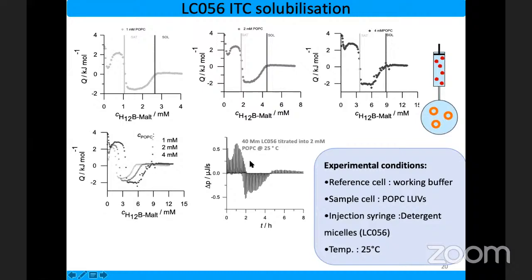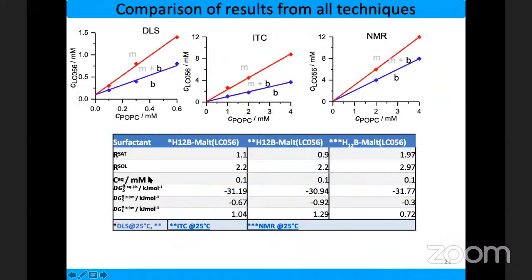This is a typical thermogram of what we see, and what we observed in the DLS experiment is observed here too: as the concentration of the POPC artificial membrane increases, the width broadens. This is at 4 millimolar, 2 and 1 millimolar concentrations of the POPC. So we compare the results using 3 techniques: DLS, ITC, and NMR.